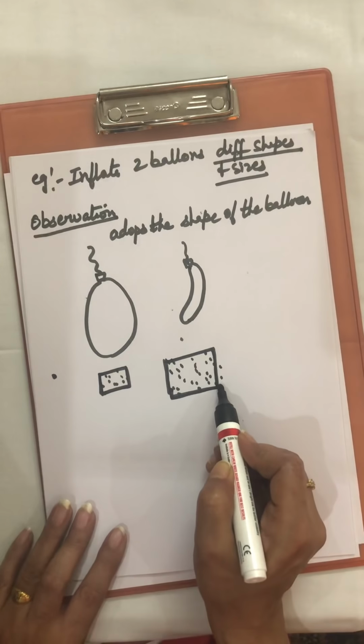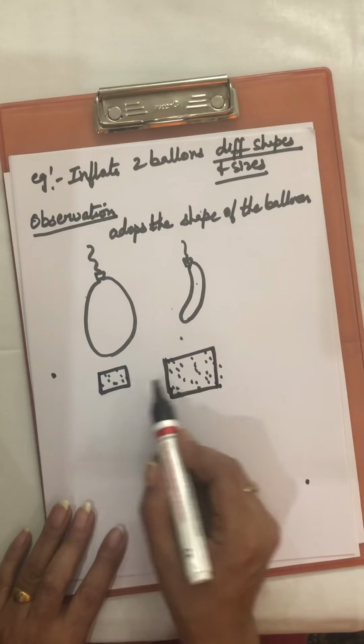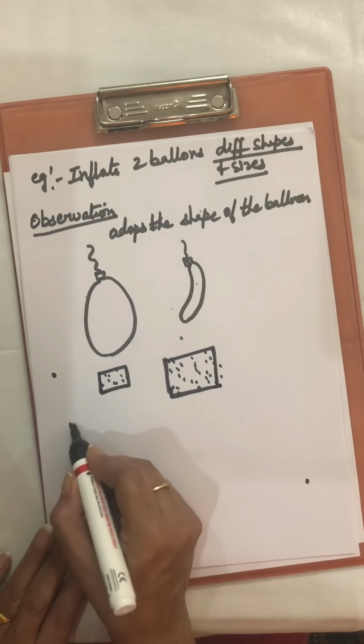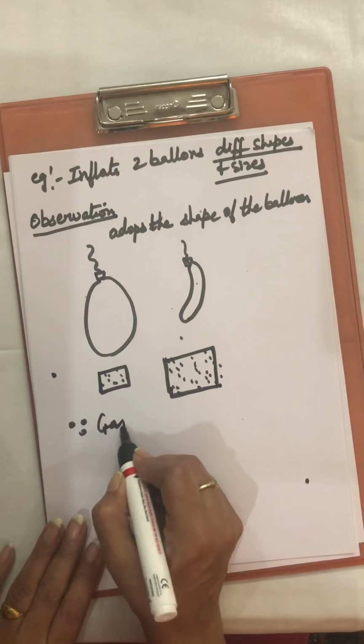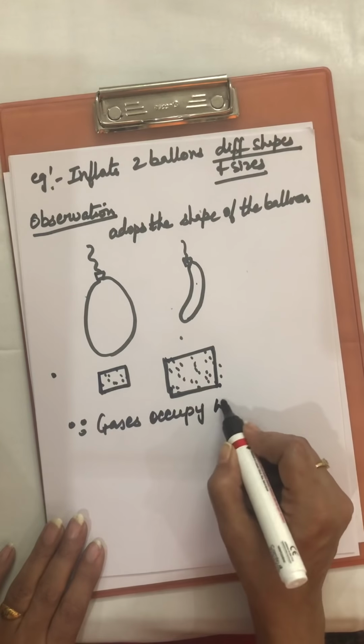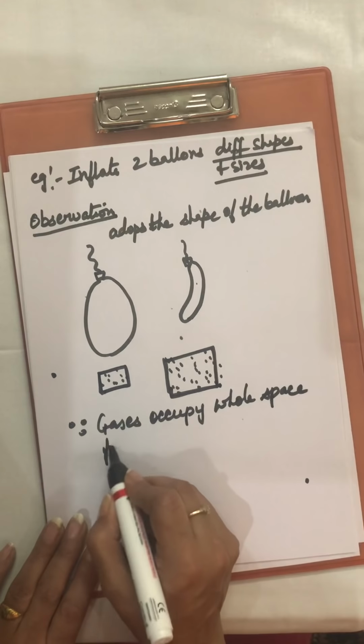That means gases take up the shape and the volume of the vessel in which they are stored, because gases occupy the whole space provided to them.